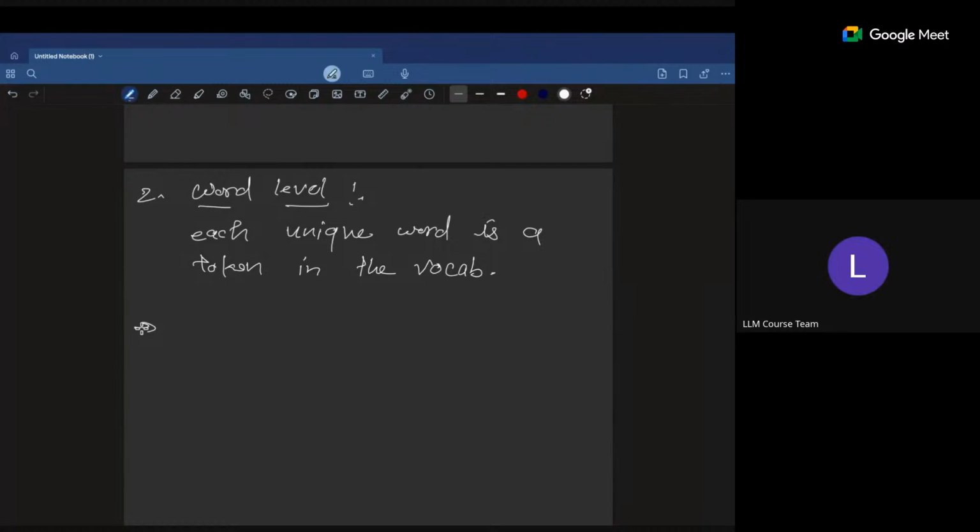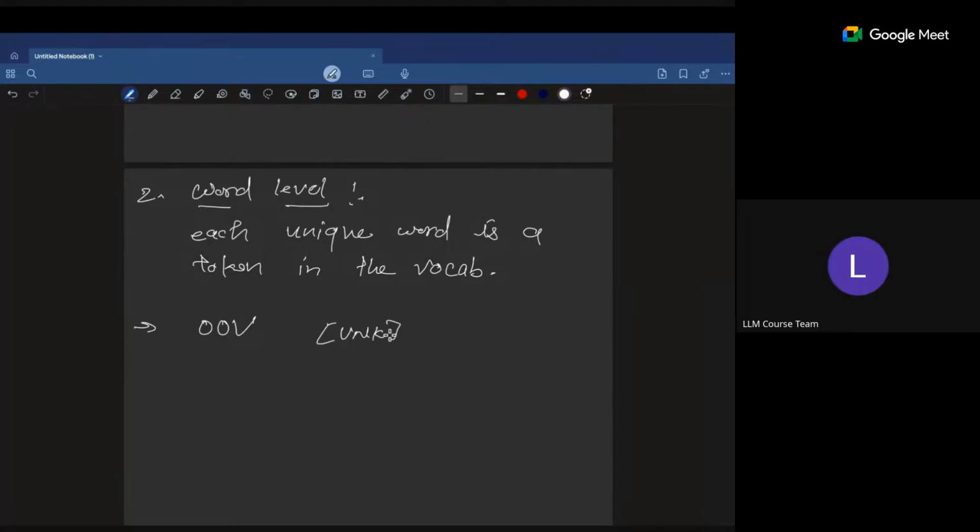One issue is that let's say you are training a tokenizer on a corpus, and that corpus may not contain some of the words, right? Those words are called out of vocabulary words. So these tokenizers give a different token, say unknown. It provides a unique unknown token to out of vocabulary words.